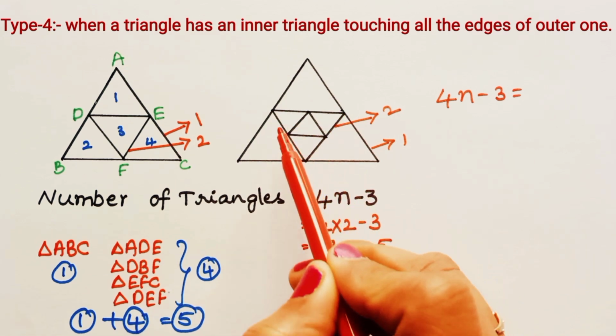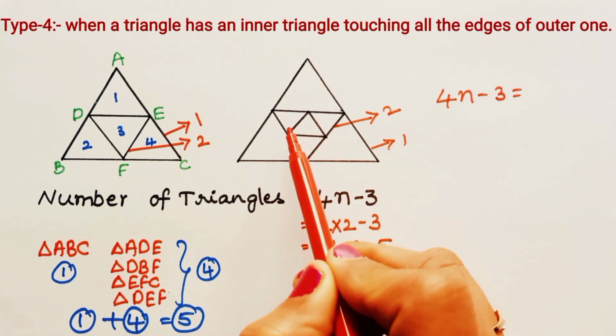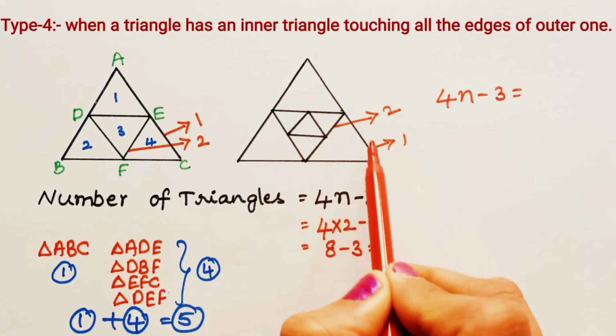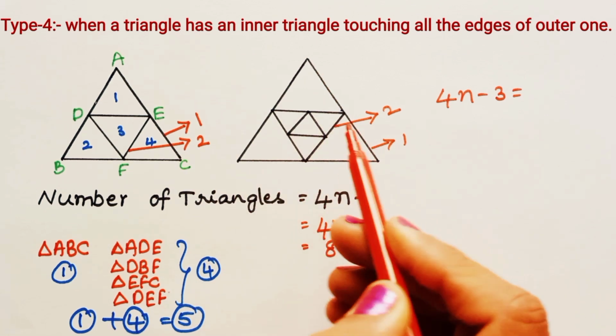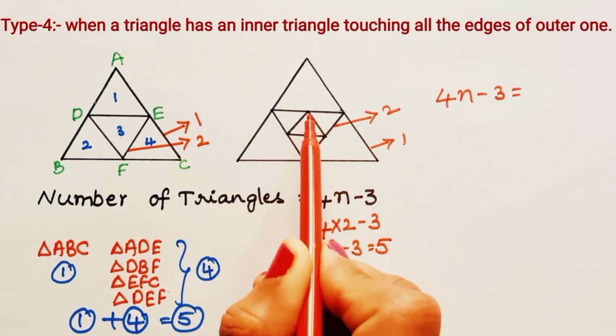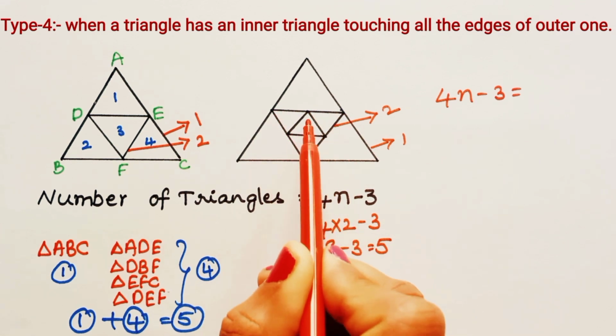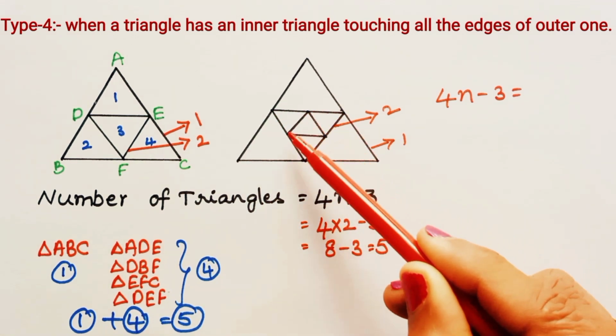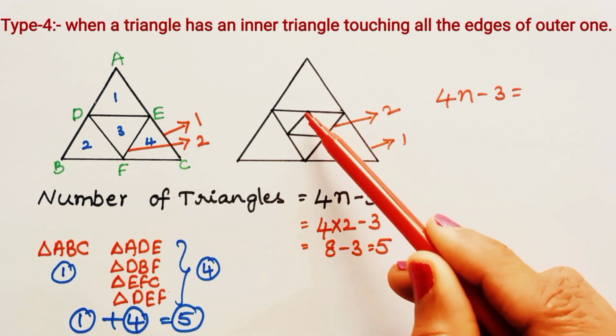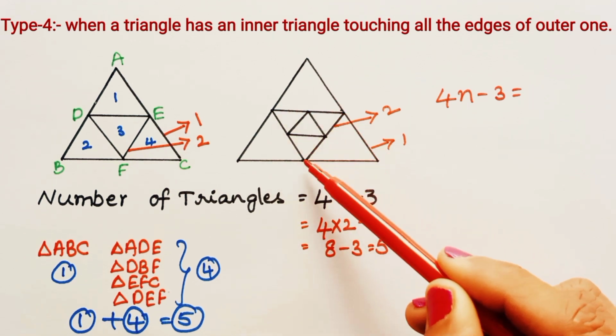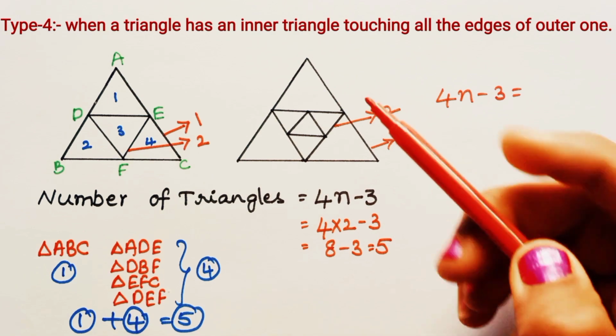This smaller triangle present inside the figure is touching all the edges of the outer triangle, and there is one more triangle present inside the inner triangle, and we can see that this triangle is also touching all the edges of the inner triangle. So this is the third one.